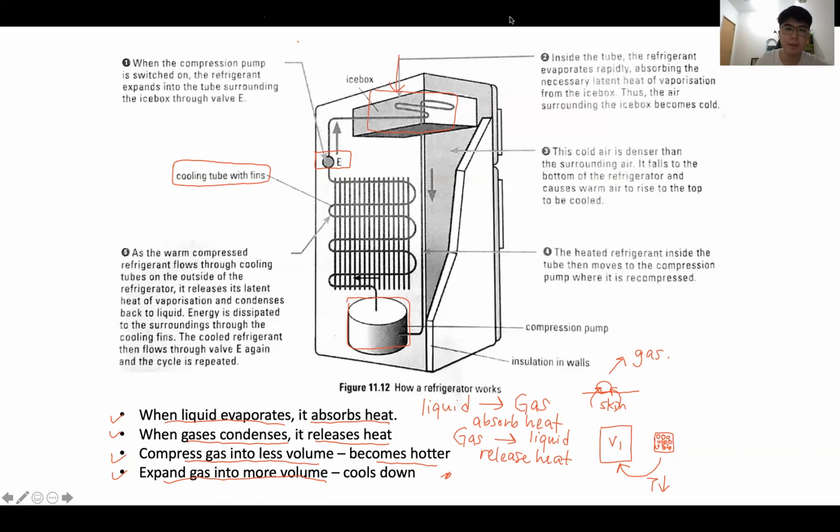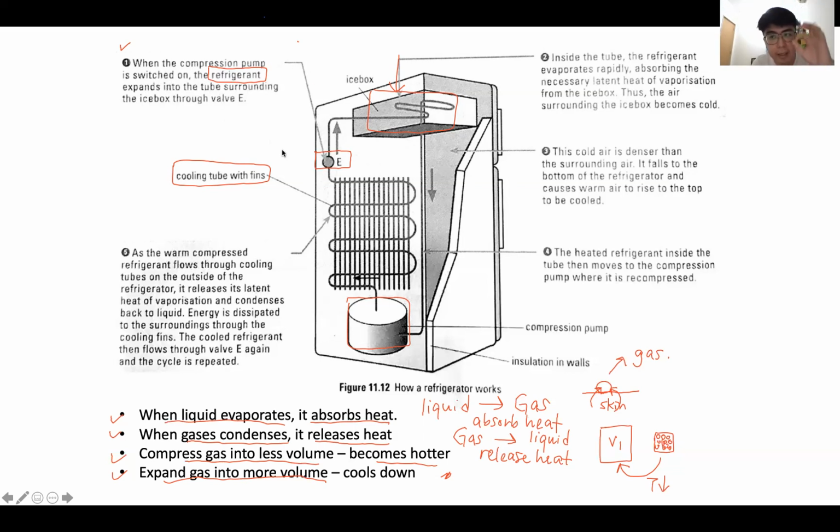Now let's see how it works. Start from number 1. When the compression pump is switched on, the refrigerant, which is a type of gas that sometimes becomes gas and sometimes liquid in the refrigerator, expands into the tube surrounding the ice box through valve E. So first we allow it to expand.